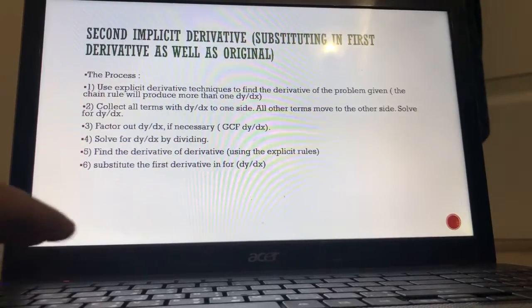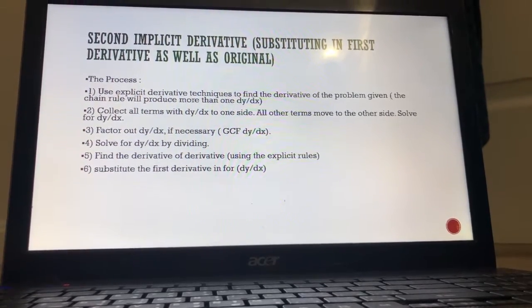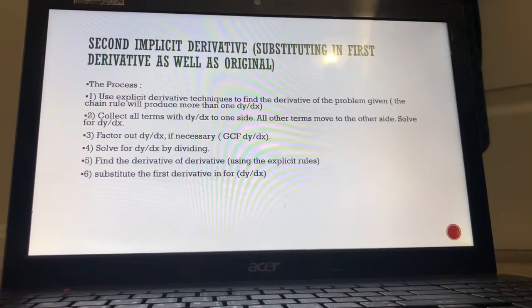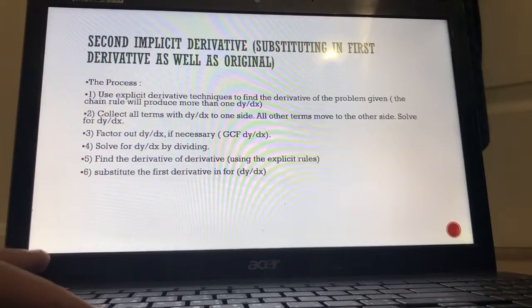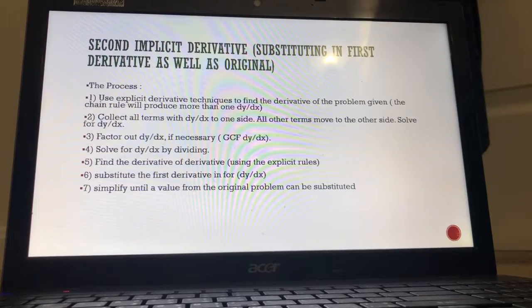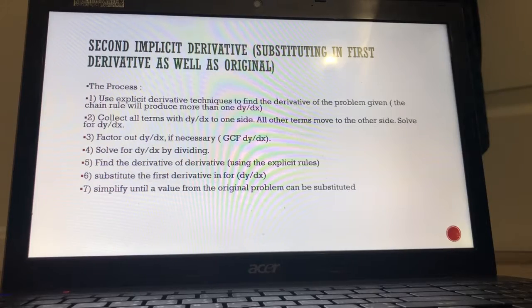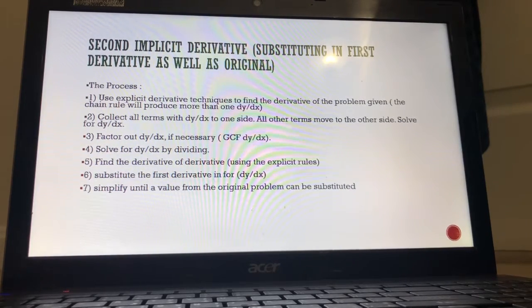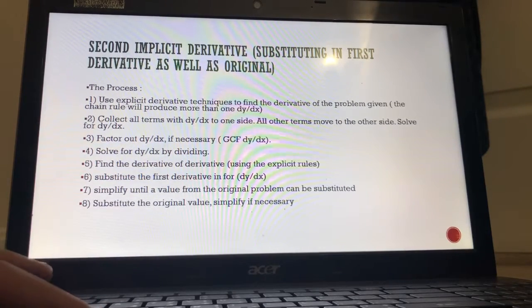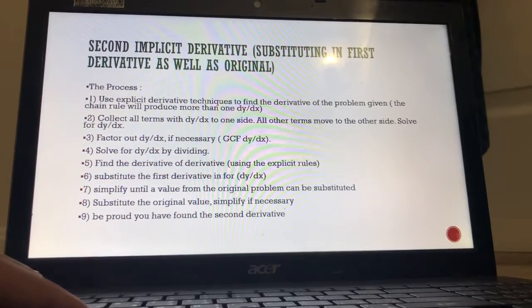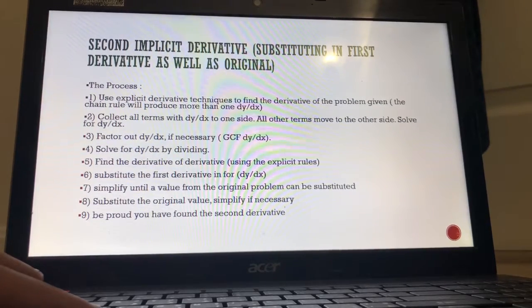And then, after you get the derivative of it, you have to substitute the first derivative for dy/dx, and then simplify until the original problem is given. What is given to you is in the part that you simplified, and you just substitute it in, and then simplify if necessary. And then just be proud, because you have found the second derivative.